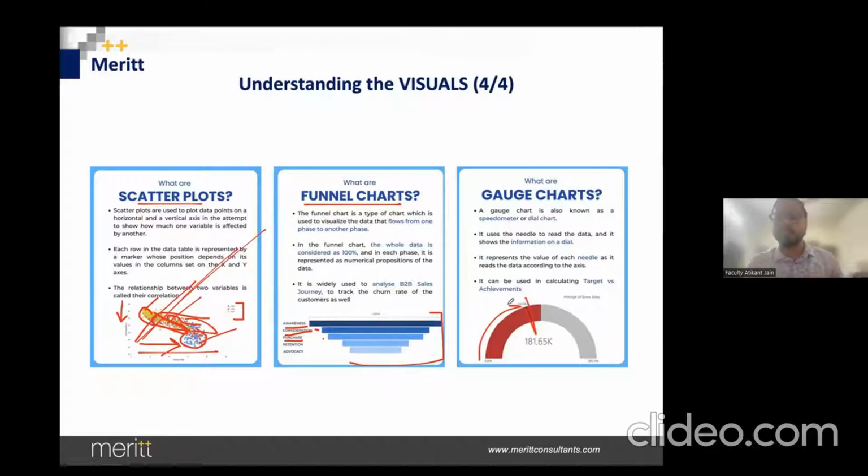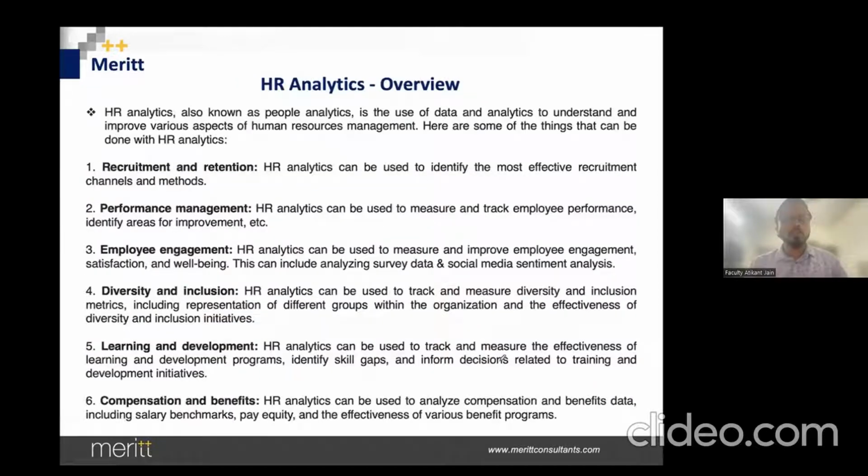You just need to set the target and what the sales or particular feature is actually doing. Or if you want to set KPIs, you can see how much has been achieved, right? So this will give you target versus achievement kinds of calculations. So this was it about the basics of visuals that can be done in Power BI.